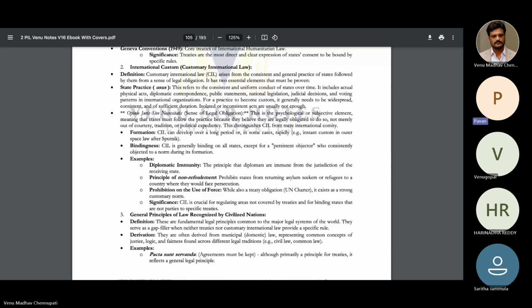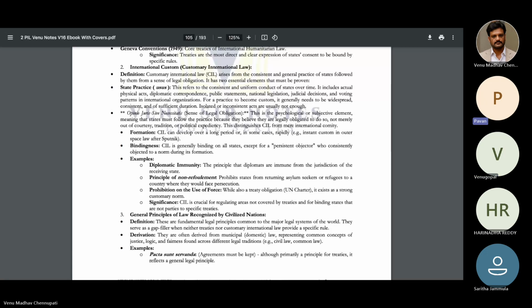Formation. CIL can develop over a long period or in some cases rapidly, for example instant custom in outer space law after Sputnik. Bindingness. CIL is generally binding on all states except for a persistent objector who consistently objected to a norm during its formation.